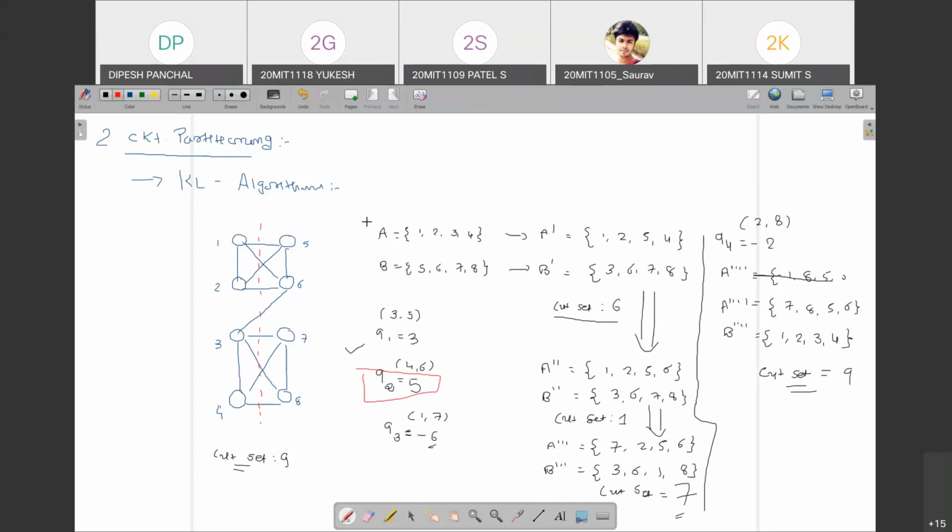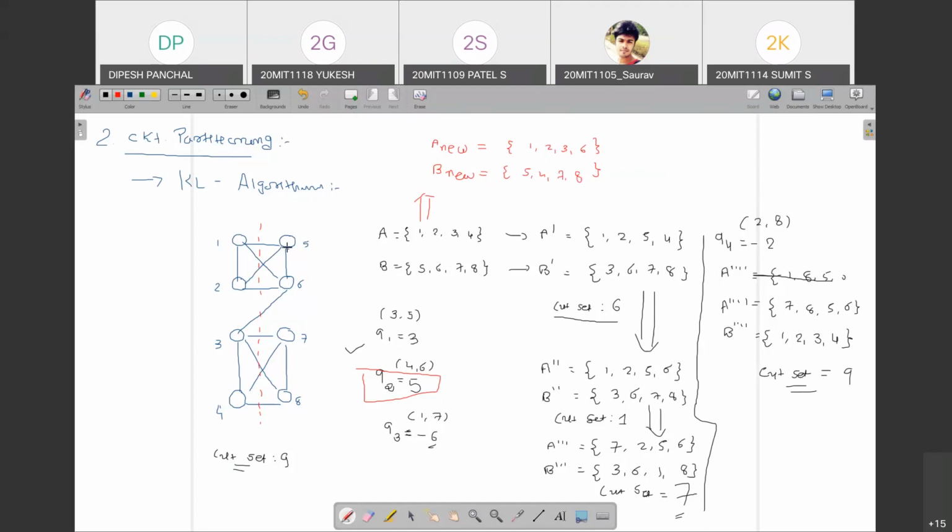With this initial partition, if you change 4 and 6, what is the cut set? 6. Yes, remaining students can also verify whether 6 is correct or not. 4 and 6 I have to interchange. 1, 2, 3, 6, and the remaining is 5, 4, 7, 8.